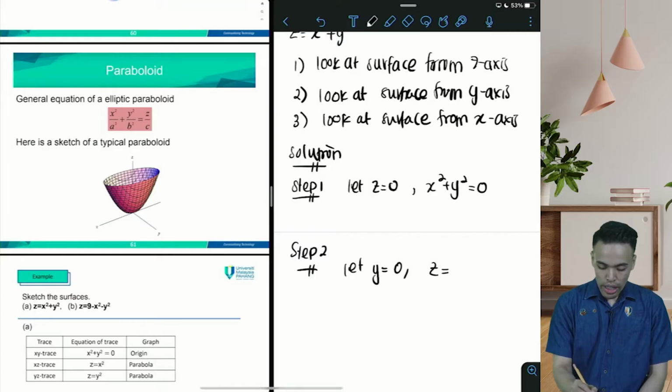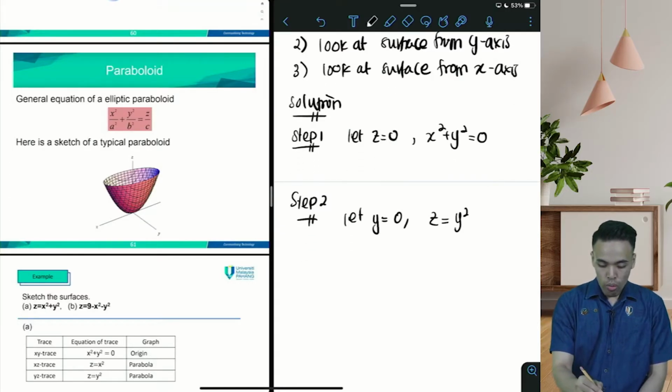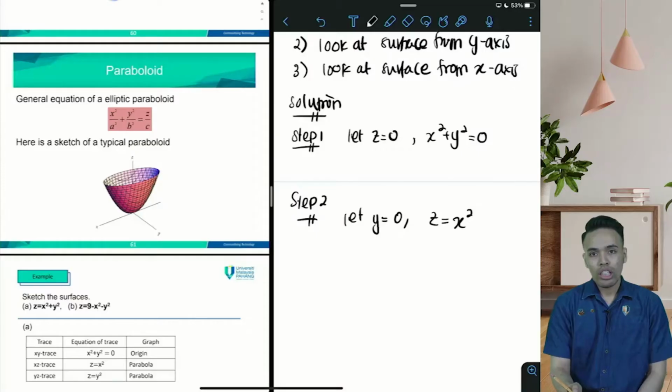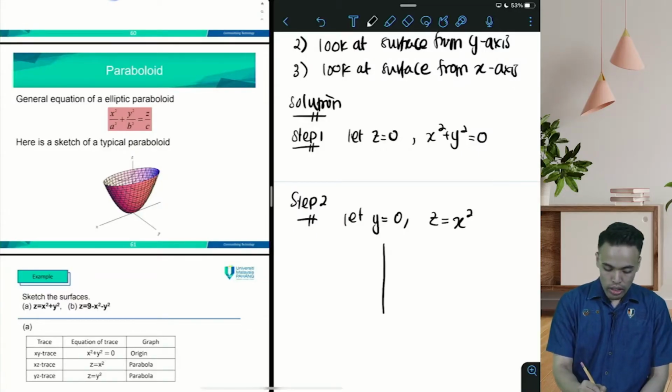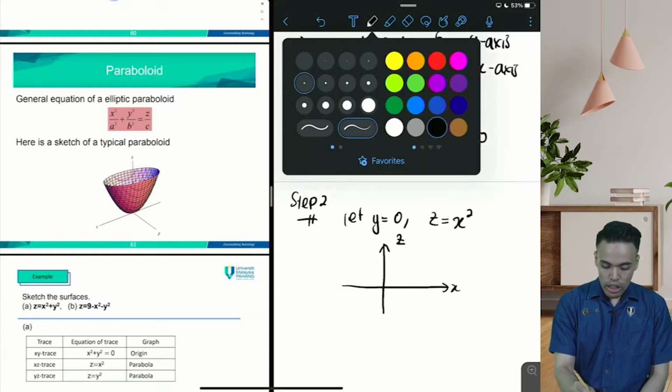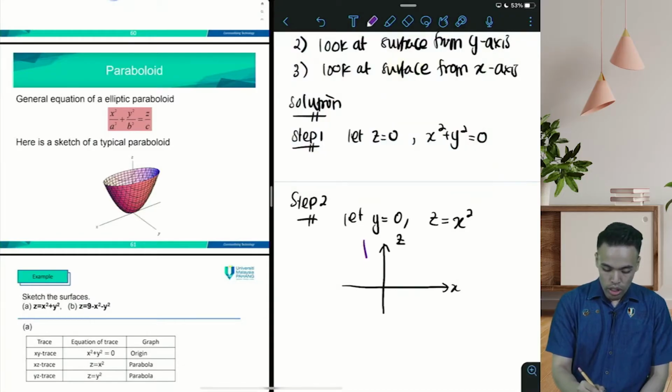Then you will end up with z is equal to y squared. So not y squared but x squared: z is equal to x squared. When you sketch z is equal to x squared in a two-dimensional coordinate system involving variable z and variable x, you will know for sure that it gives you a parabola with a smile shape.